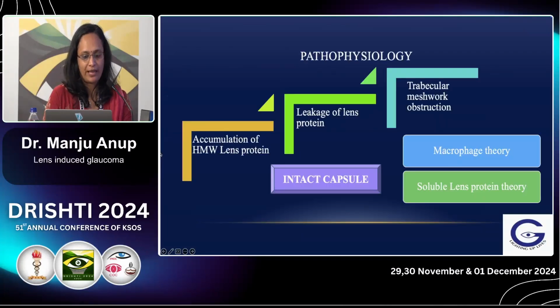Coming to phacolytic glaucoma, as the lens ages, there will be stretching of the lens capsule and accumulation of high molecular weight lens proteins in the cortex.